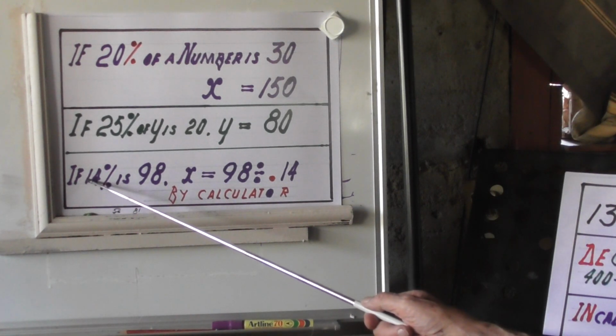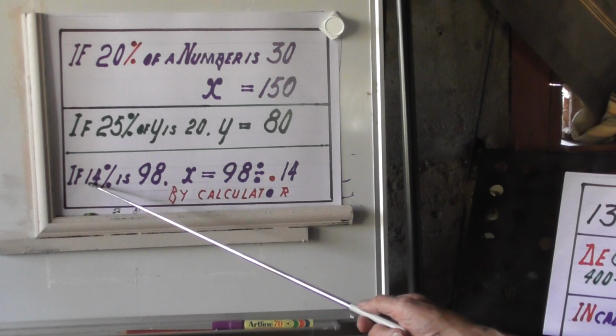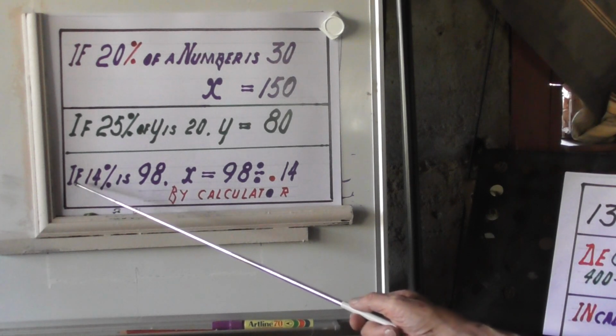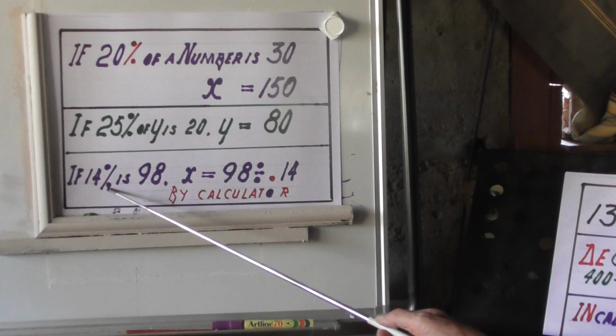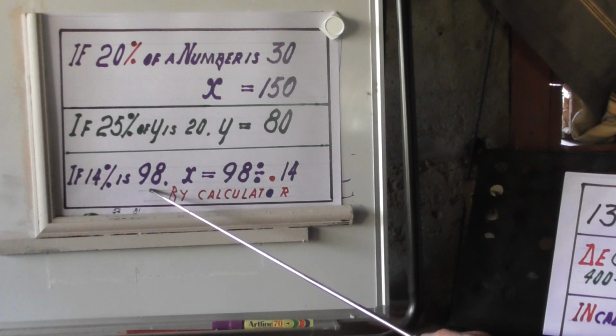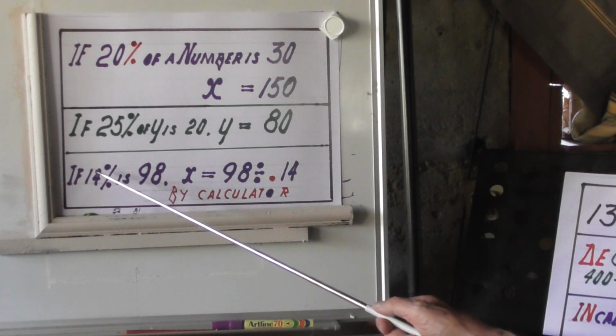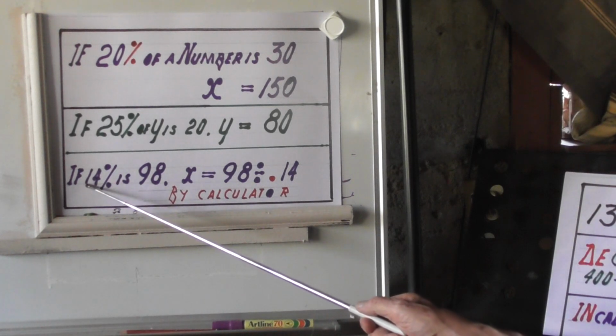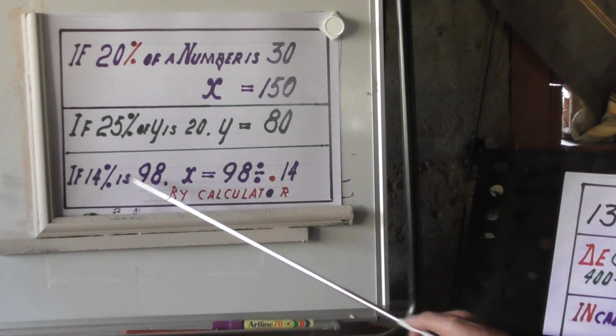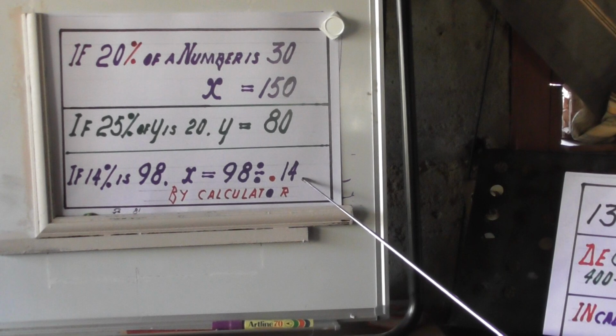So I could read, if 0.14x is 98, times by 0.14 is division by 0.14 on that side.